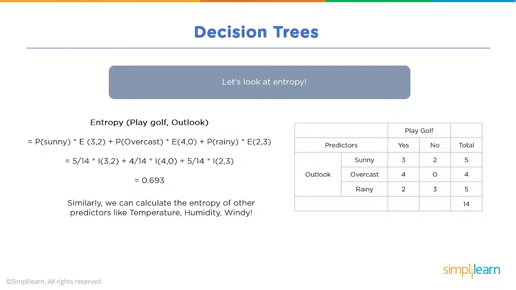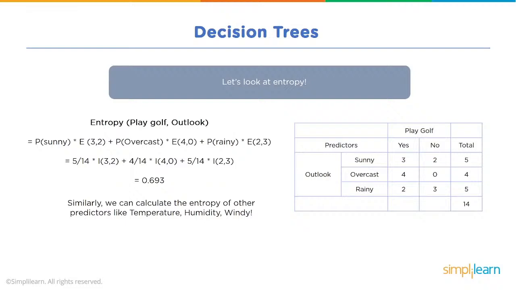Just like we calculated the entropy for the whole set, we can also calculate entropy for playing golf and the outlook. Is it going to be overcast, rainy, or sunny? When we look at the entropy, we have P of sunny times E of 3, 2. That comes from how many sunny days yes and how many sunny days no, over the total, which is 5. Don't forget we'll divide that 5 out later on. Equals P of overcast, which is 4, 0, plus rainy, which is 2, 3.